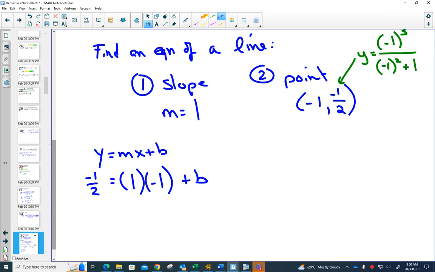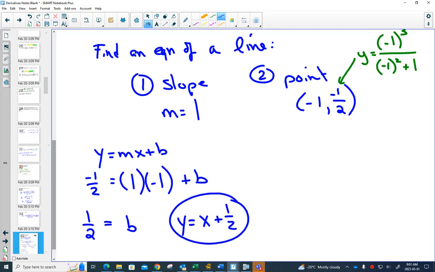So using this information, you can add 1 to both sides and find out that b is 1/2. So now you have enough information. The slope is 1. Your b value is 1/2. And you get y equals x plus 1/2.